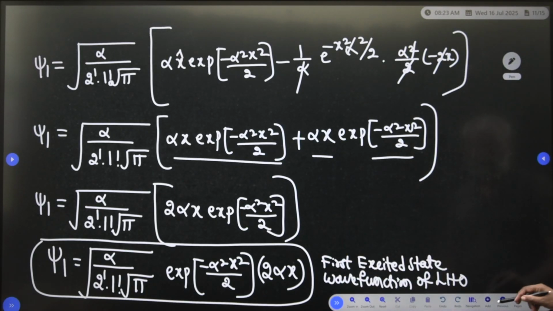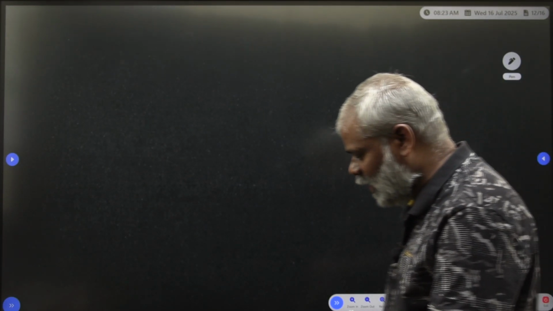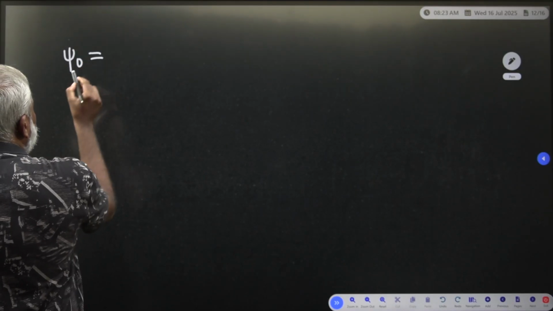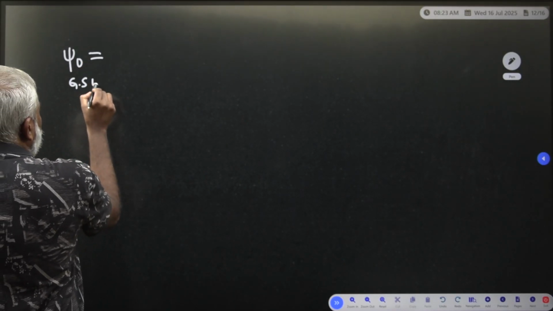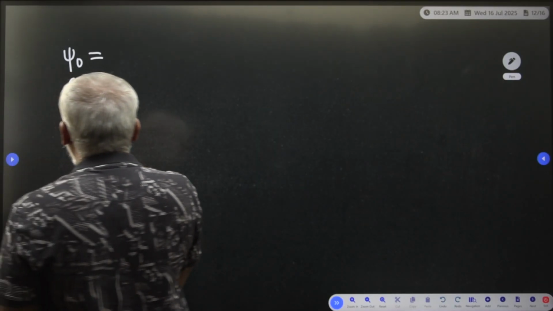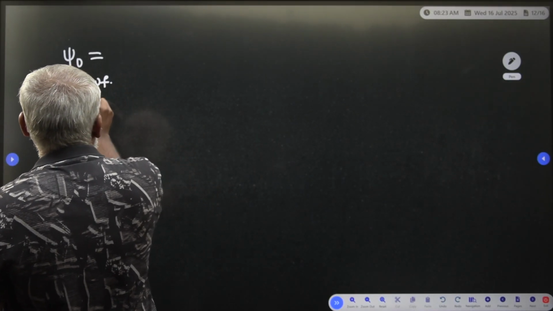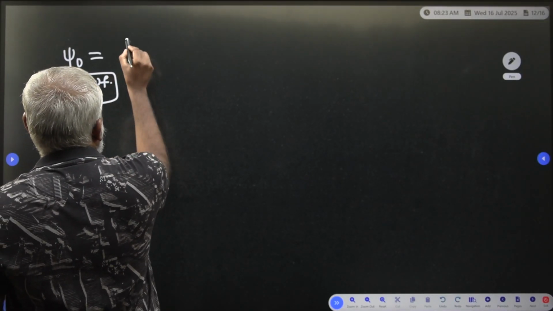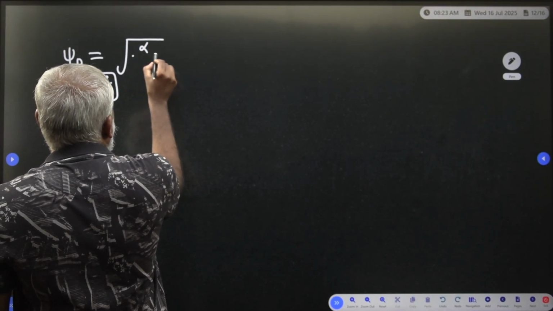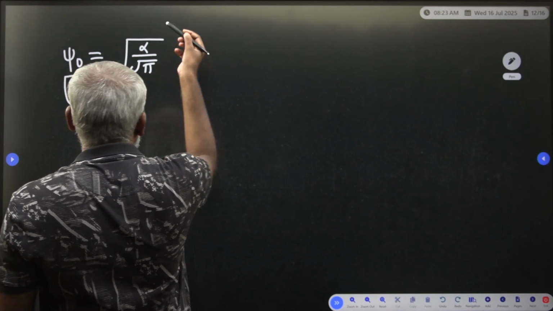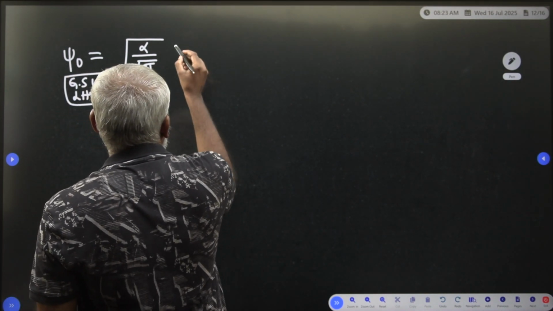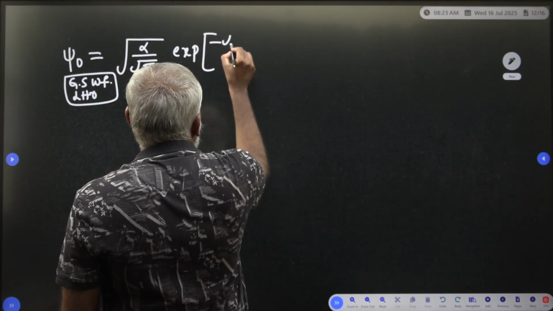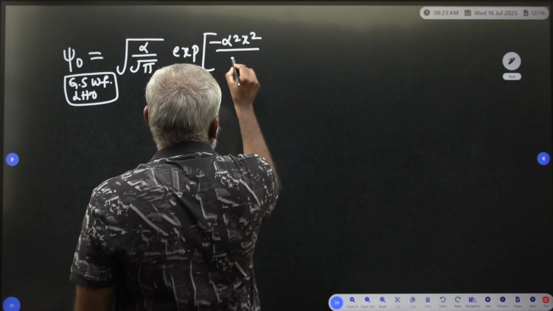Here we are discussing the ground state wave function of the linear harmonic oscillator. The ground state wave function is equal to square root of alpha by root pi into exponential of minus alpha square x square divided by 2.